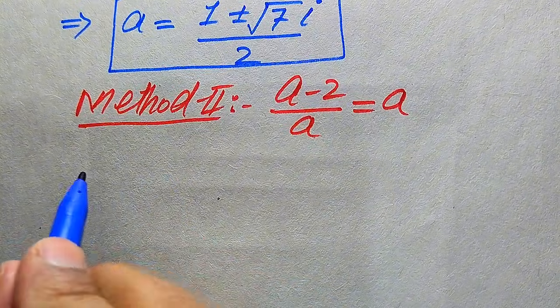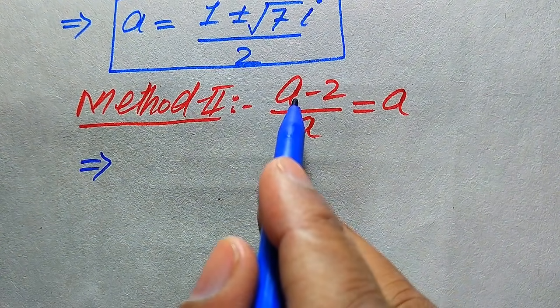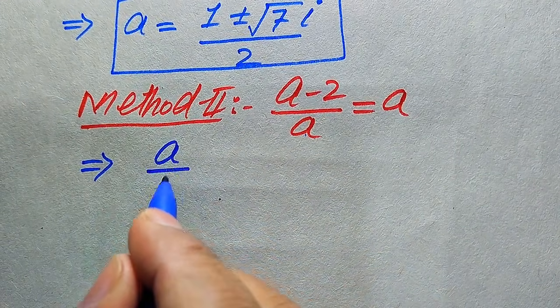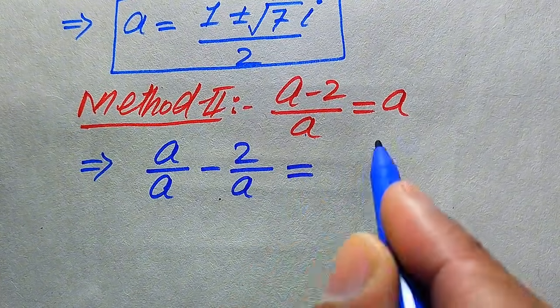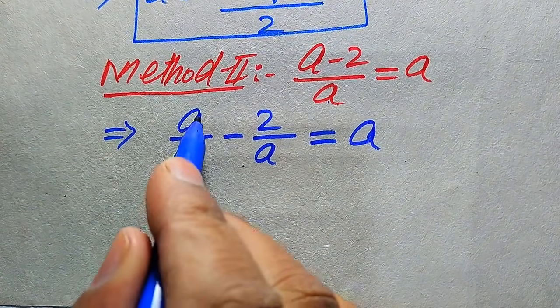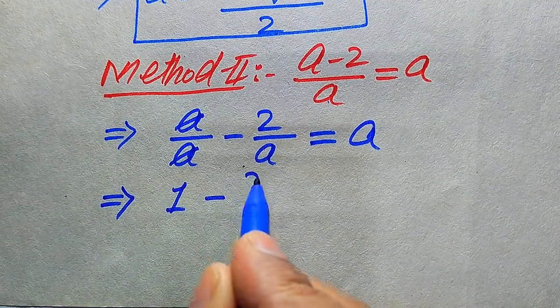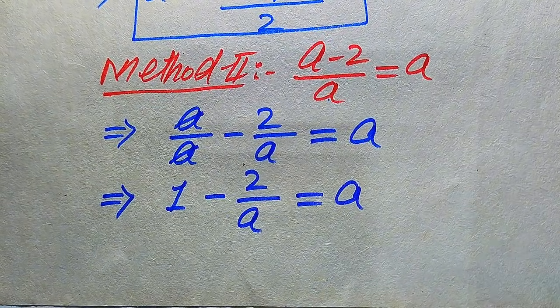In the second method we break this fraction, and we apply this a separately on both of these two values, and it becomes a divided by a minus 2 divided by a is equal to a. Now in the next step this a and this a cancel out each other, and we obtain 1 minus 2 divided by a is equal to a.